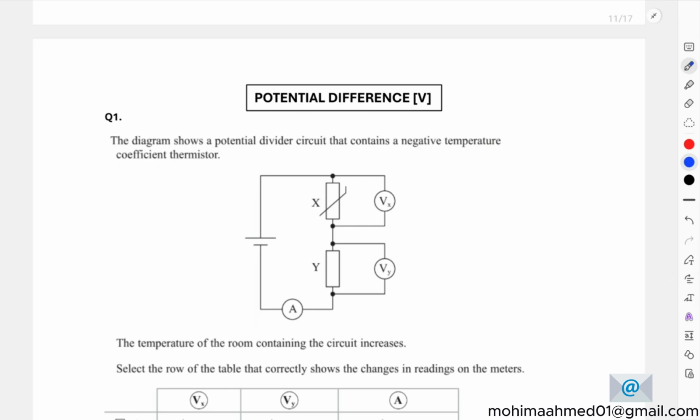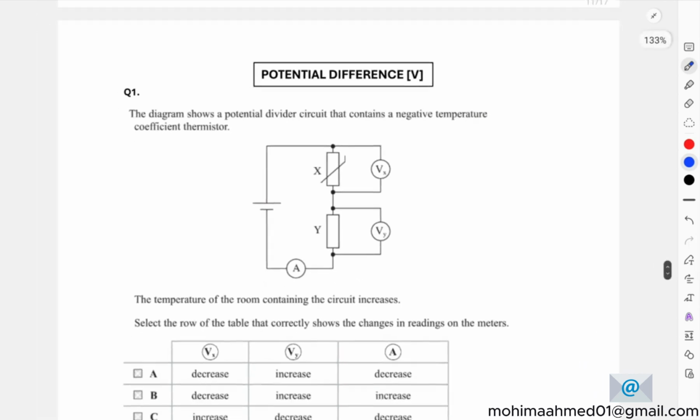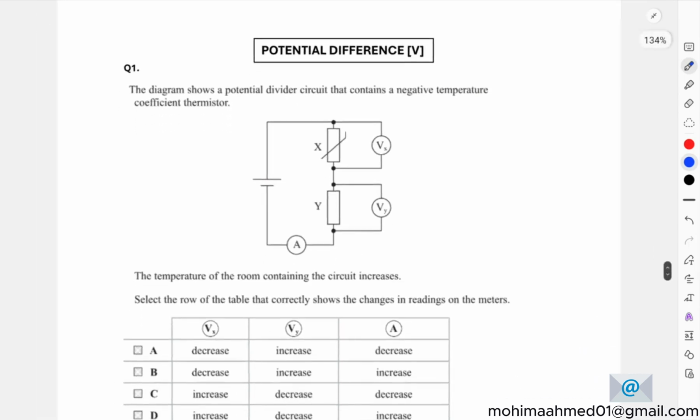For potential difference MCQs, this is the first question over here. Sorry, as I was saying, the diagram shows a potential divider circuit that contains a negative temperature coefficient conductor.